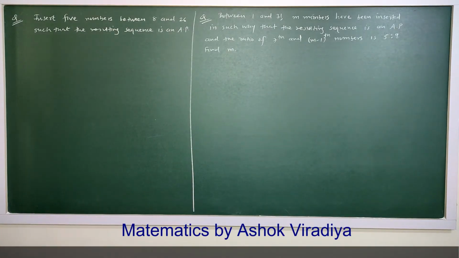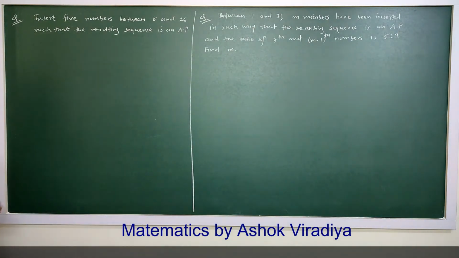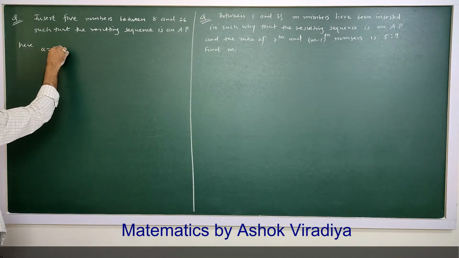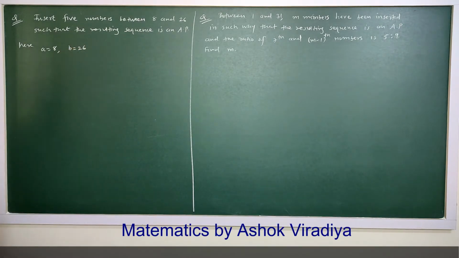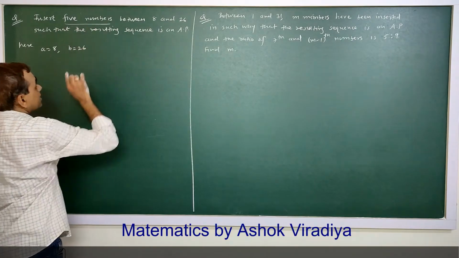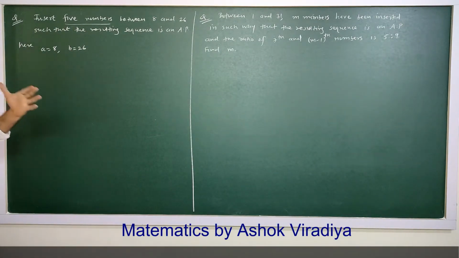Now next question. Insert 5 numbers between 8 and 26. So here A is 8, B is 26. We want to insert 5 numbers between A and B such that the resulting sequence is an AP.